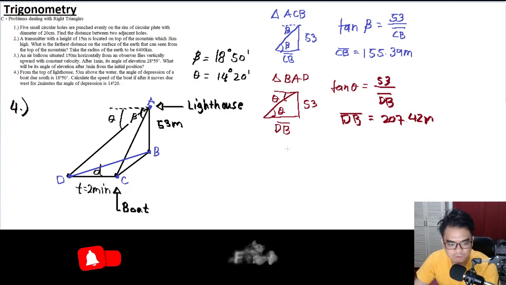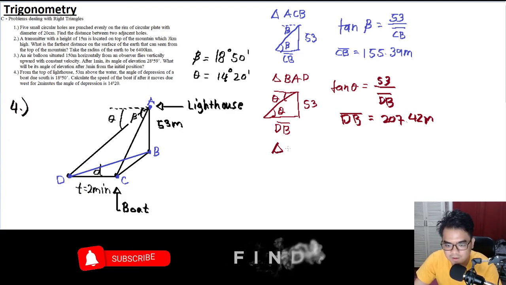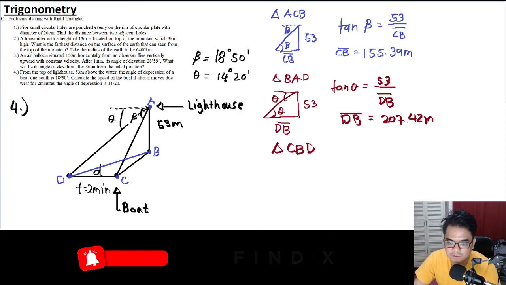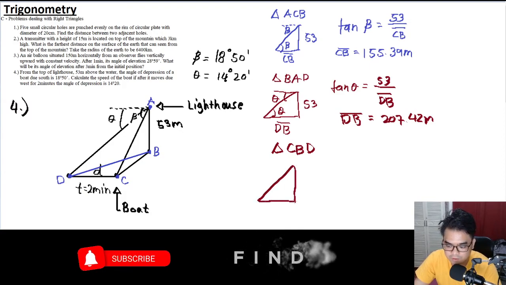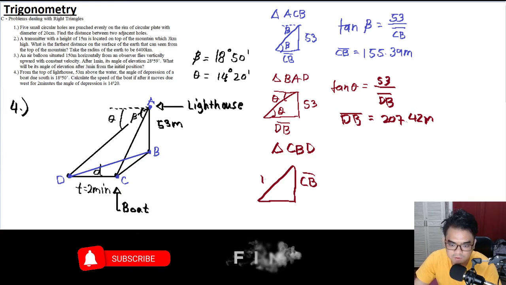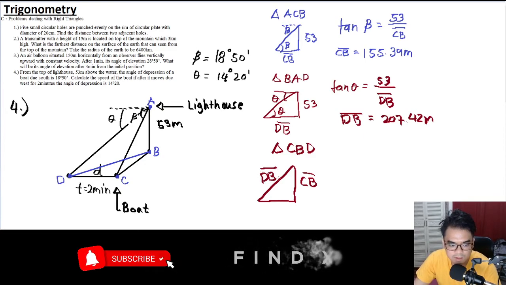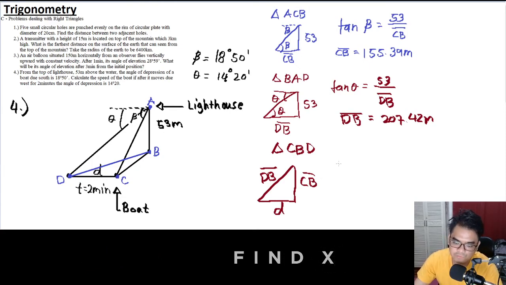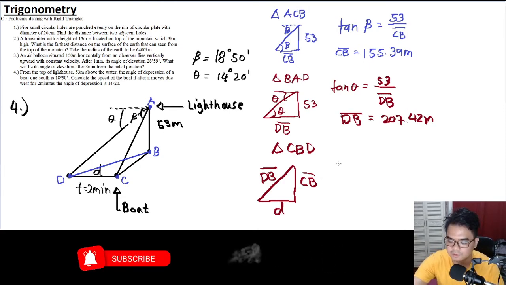And now we can use the triangle CBD, that is a right triangle also. Take note of that. This is line CB, and this is line DB, and then this is D. Now we can compute for D using simply the Pythagorean Theorem.